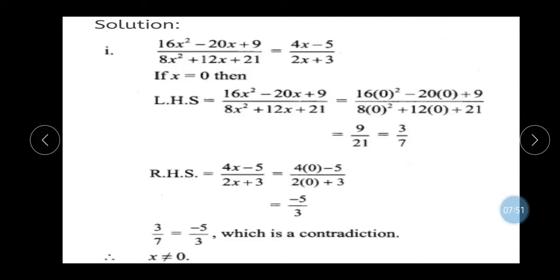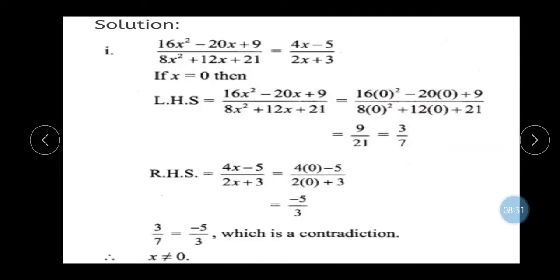So we get 16 into 0 square minus 20 into 0 plus 9 upon 8 into 0 square plus 12 into 0 plus 21. Any number multiplied by 0 we will get 0 itself. So 16 into 0 square we get 0, and 20 into 0 we get 0. Similarly here also 8 into 0 is 0, and 12 into 0 we get 0. So what remains is 9 upon 21. Reducing 9 upon 21, we get 3 upon 7.